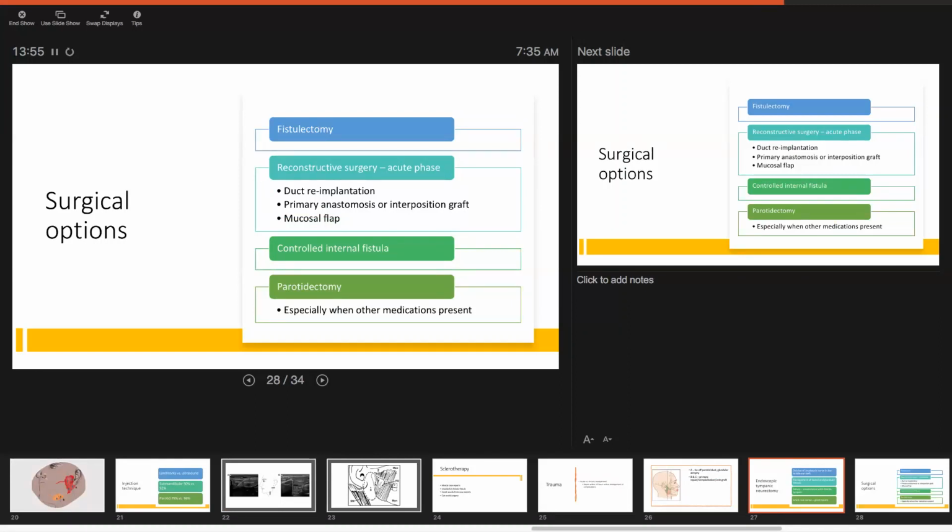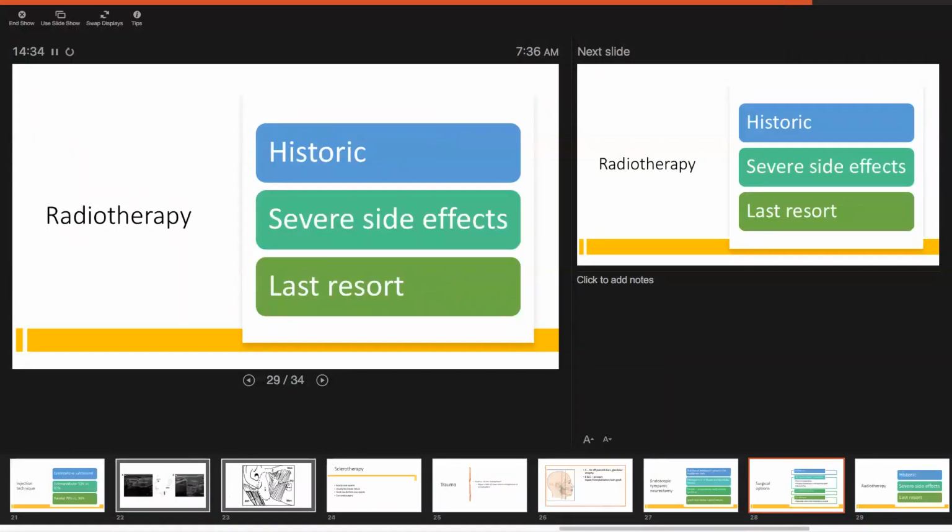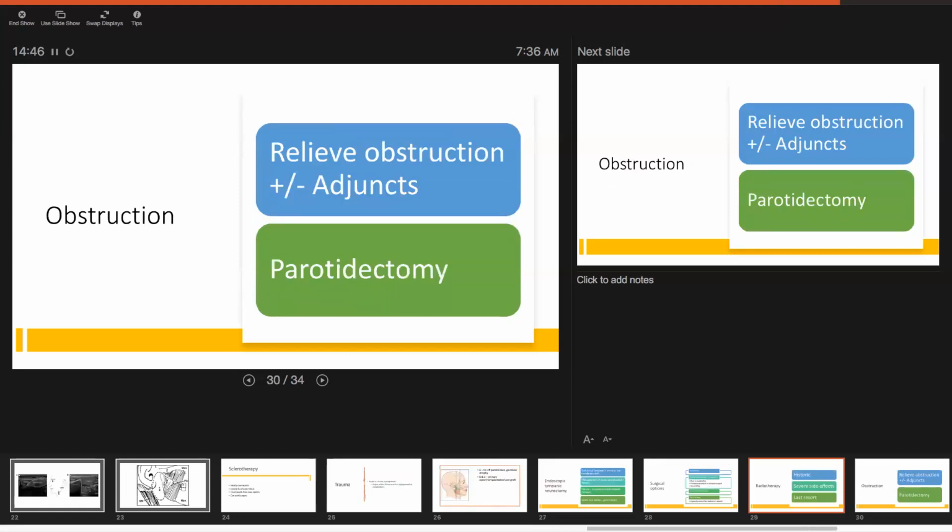Then parotidectomy if other techniques fail to manage the fistula, or if there's any other indication for parotidectomy like a tumor. And as an absolute last resort, radiotherapy, but it's more historically used rather than currently. It has quite a few side effects.